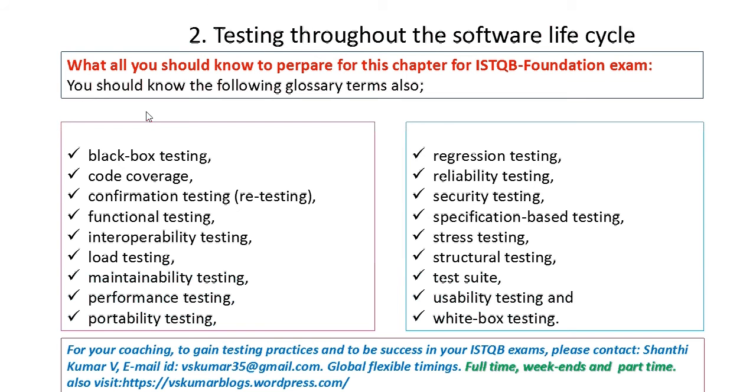Black box testing, that will come under different topics, but still black box testing is what the test analyst or tester does by taking the specifications without knowing the technical specifications. Only functional specifications you will come to know.